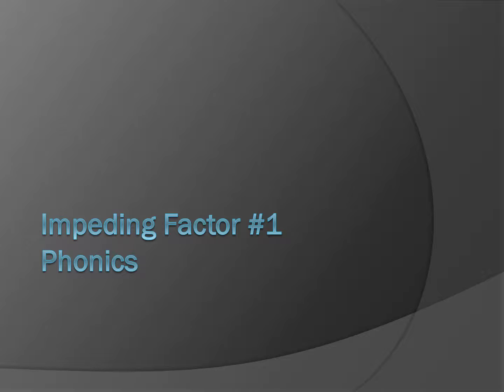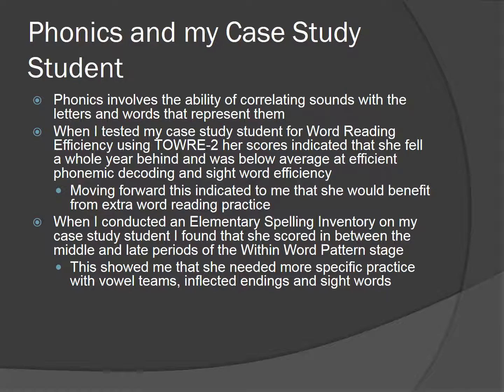Moving on, the first unique impeding factor that I researched was phonics. So basically, phonics involves the ability of correlating sounds with the letters and words that represent them. I noticed that this was an issue when I tested my case study for word reading efficiency.